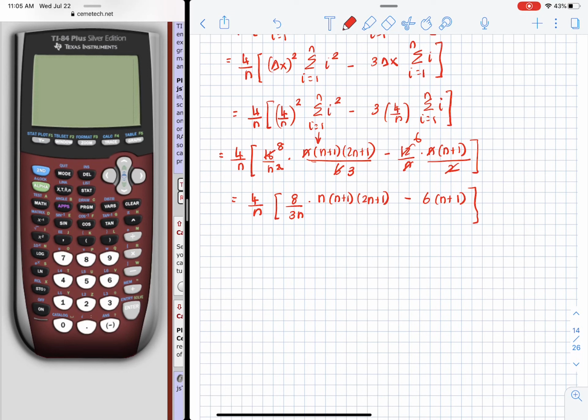We have the n shouldn't be there. We have n plus 1 in common and a 2 in common, so 2 times n plus 1, I could pull that out, 4 over 3n times 2n plus 1 minus 6 times n plus 1.